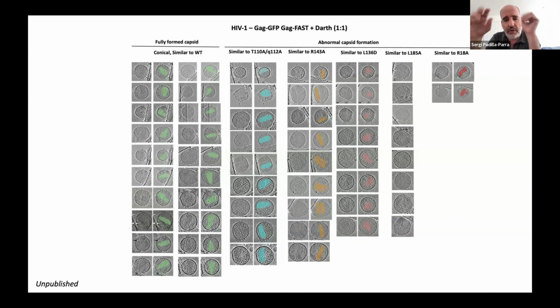If this equilibrium is distorted, you get only hexamers, for instance, and you get this tubular shape. If not, you can get an abnormal capsid formation. And if the equilibrium is right, you have this conical shape. This can in turn be informed by the biosensor. So we are quite happy with that. And not only this, but if we come back to our original single molecule imaging, we can as well determine which of the particles was actually an exosome.